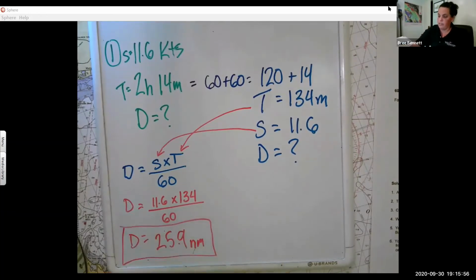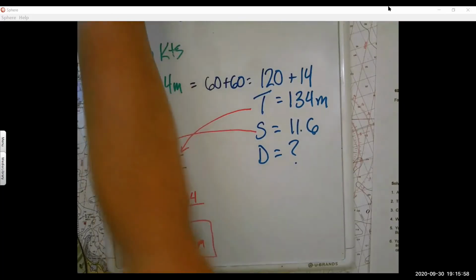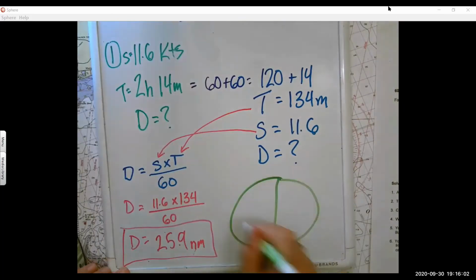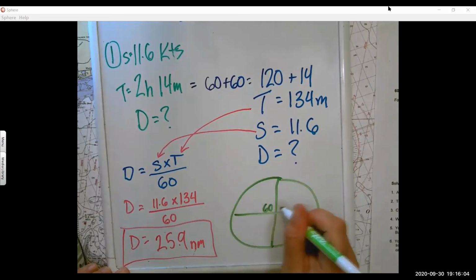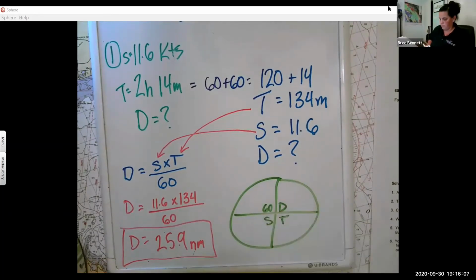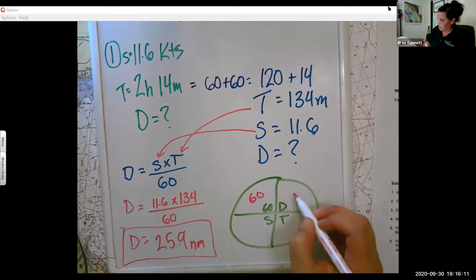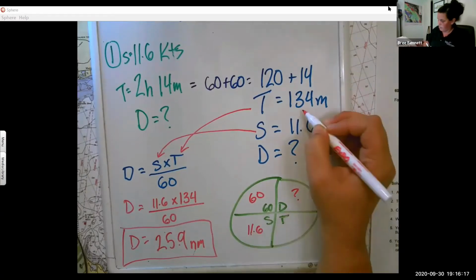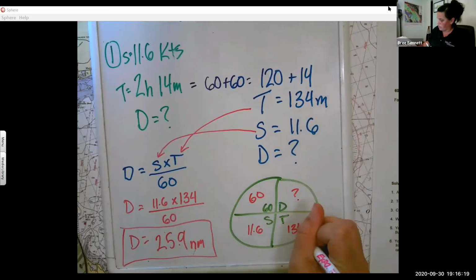If you want to do it with the magic circle, 60 D street, we can plug in, we have 60. We're looking for distance. Our speed was 11.6. Our time was 134.